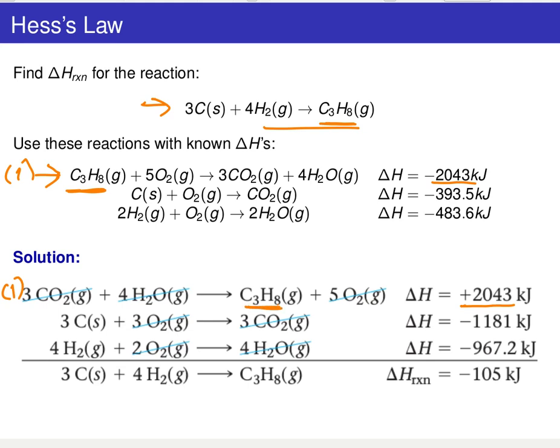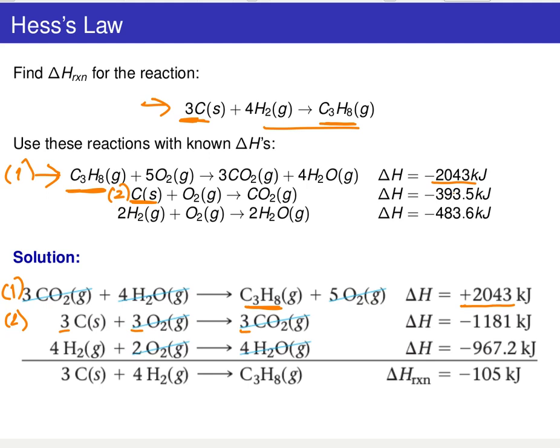Then we're going to come to our next chemical reaction equation, and we're going to see that we want to have 3 moles of solid carbon. This chemical reaction equation does, of course, have carbon solid as a reactant. However, there's only 1 molar equivalent. So we need to somehow get it up to 3 molar equivalents. Well, we're going to do that by multiplying every term in equation number 2 by 3.